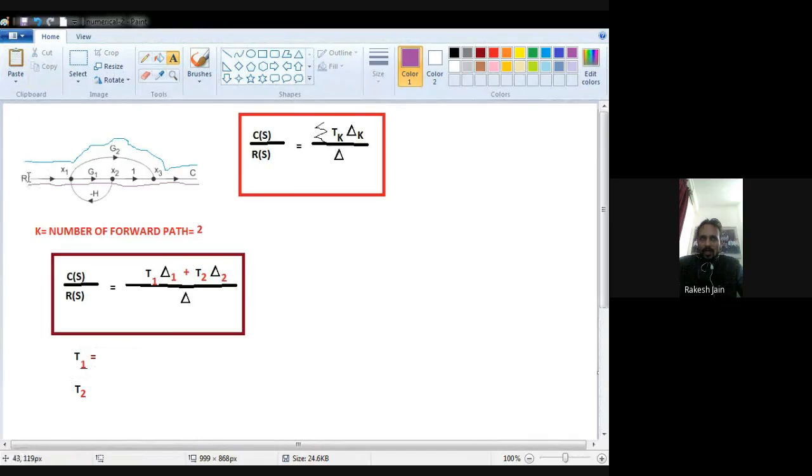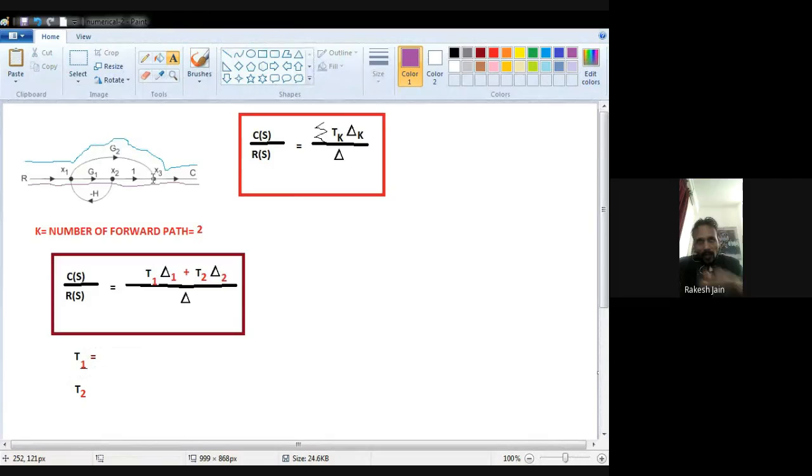So the first forward path starts from R. The first arrow has nothing written over it, so the gain of this branch is 1. Then I reach x2 and g1 is written there, so 1 into g1.